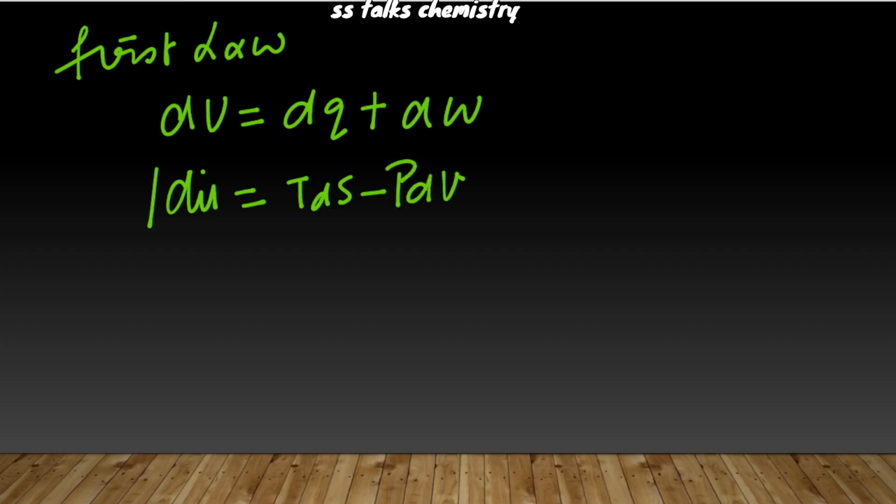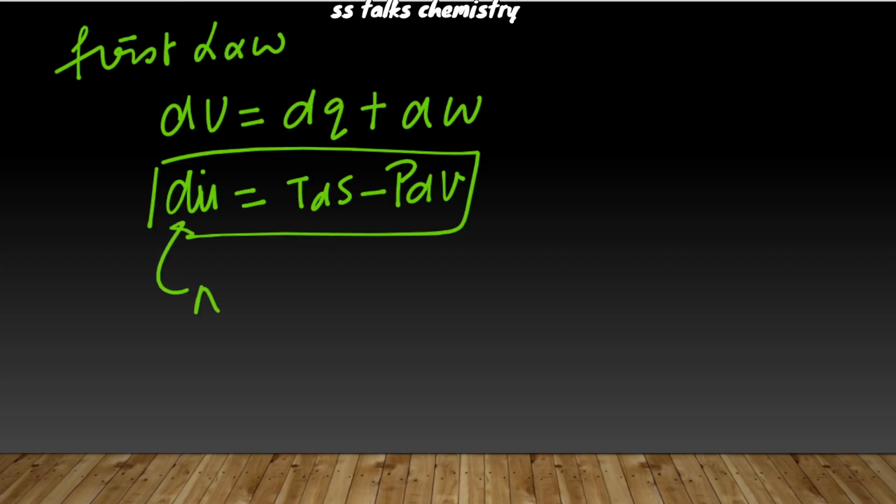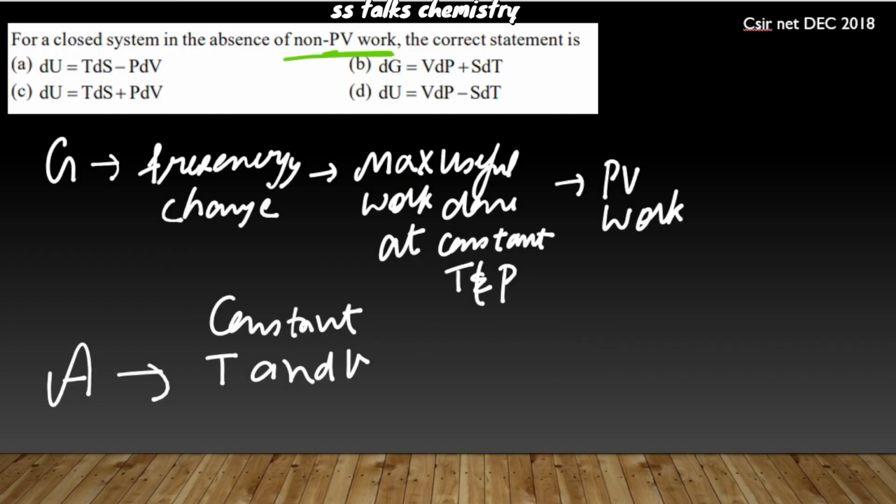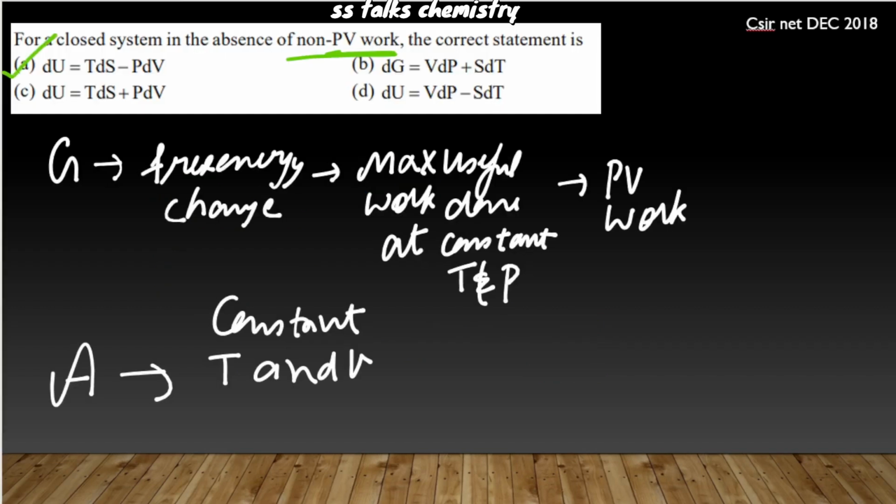So here it is the non-useful work done, because no mechanical work is done in this case. This is the non-PV work. So dU is equal to TdS minus PdV. Option A becomes the right answer.